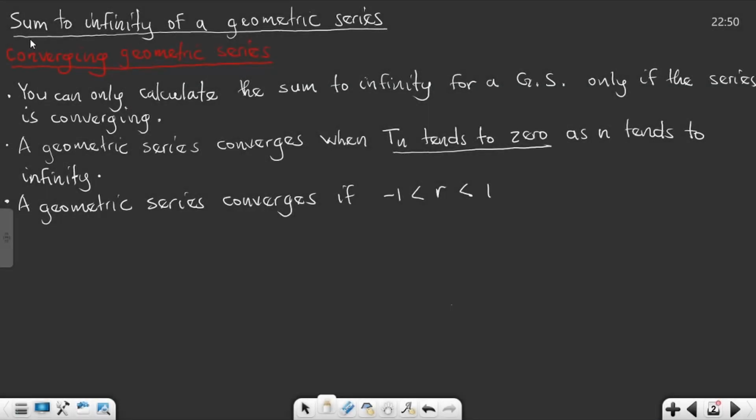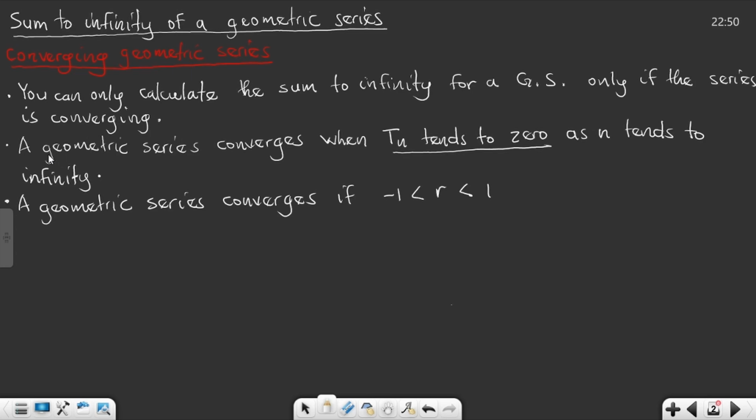Okay, let's start by looking at sum to infinity of a geometric series. Let's start by looking at converging geometric series. We said that you can only calculate the sum to infinity for a geometric series if the series is converging.